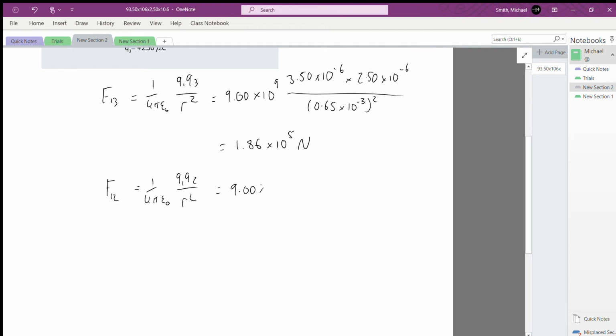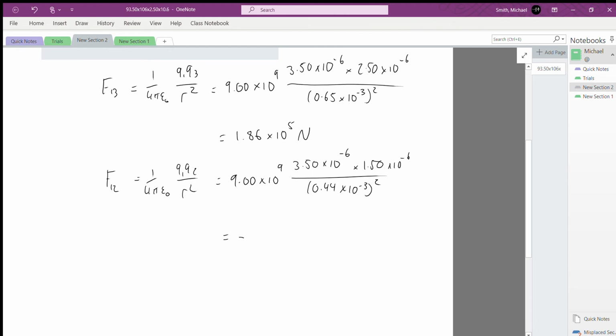Here 9 times 10 to the power of 9, and we have Q1, which is 3.5 microcoulombs, and Q2 is 1.5 microcoulombs, and they are separated by 0.44 millimeters, so doing the same conversion. And if we substitute that into our calculator, we should get 2.95 times 10 to the power of 5 newtons.